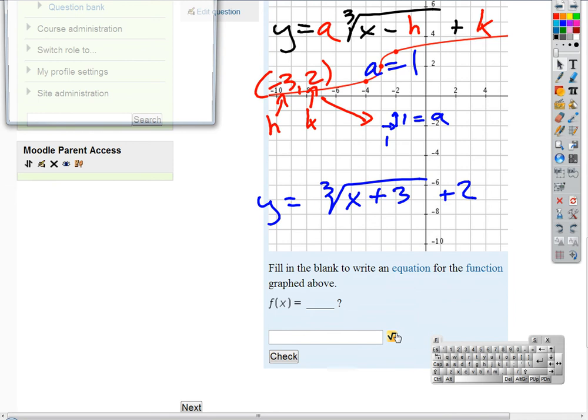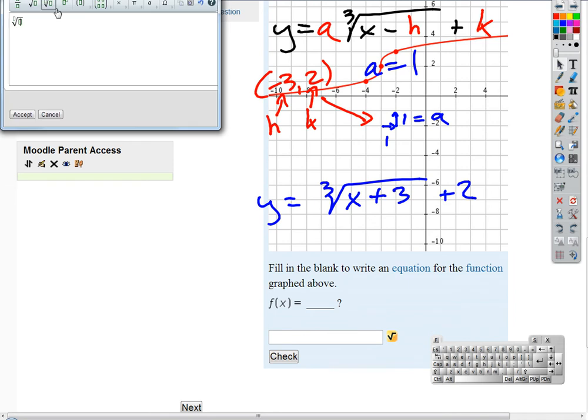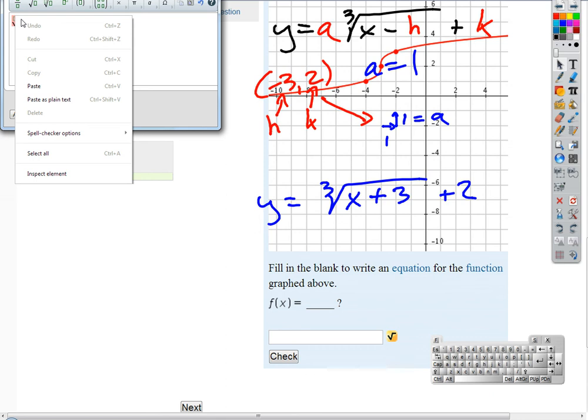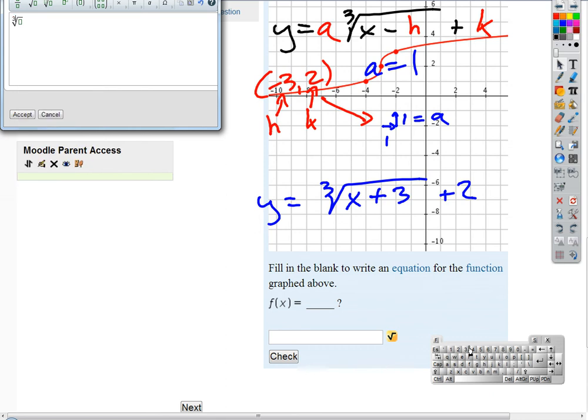Cube root of x plus 3. Uh-oh, what happened? I messed up.